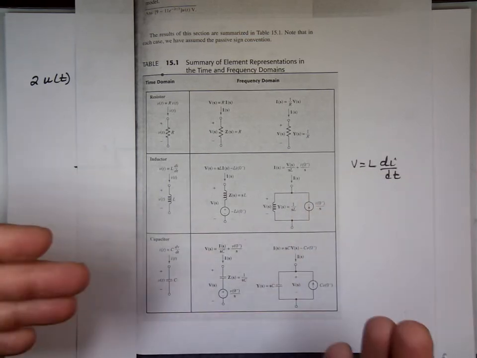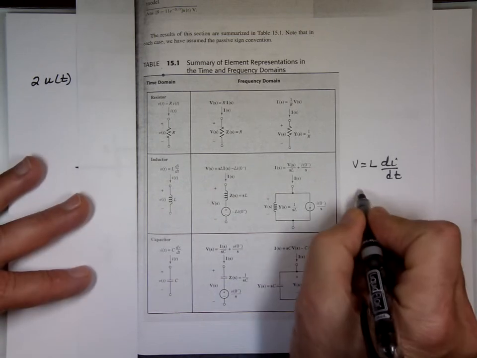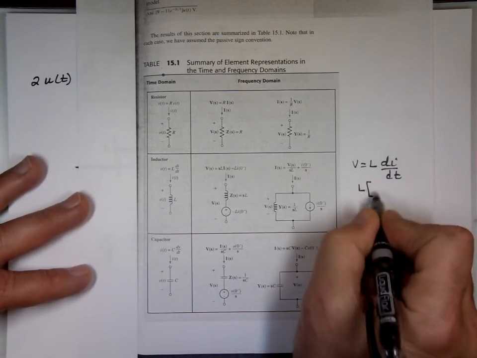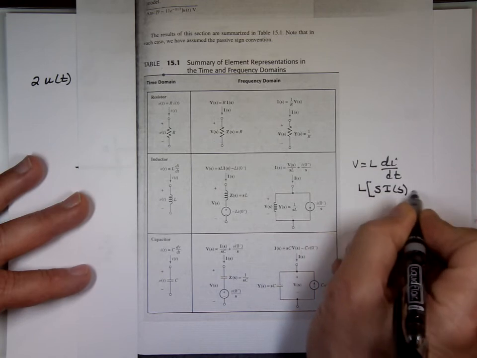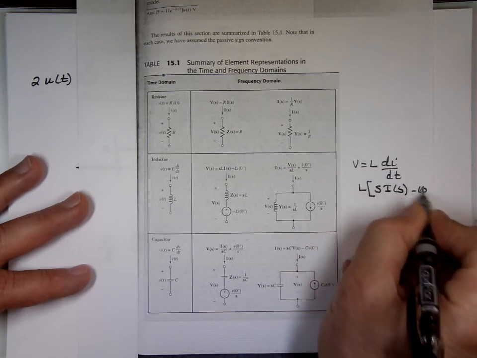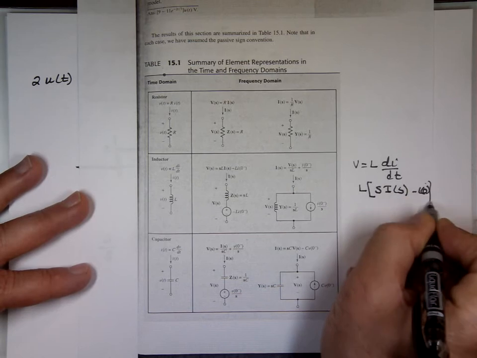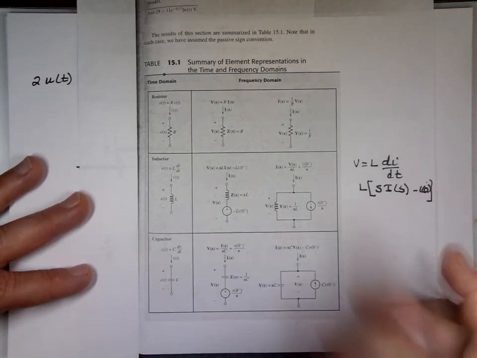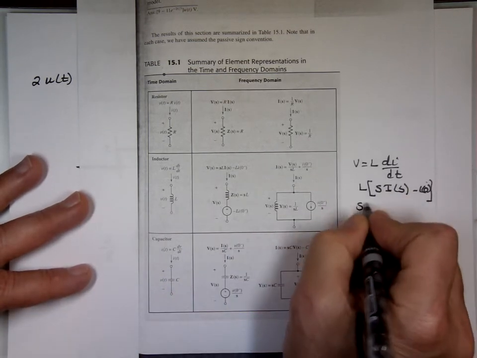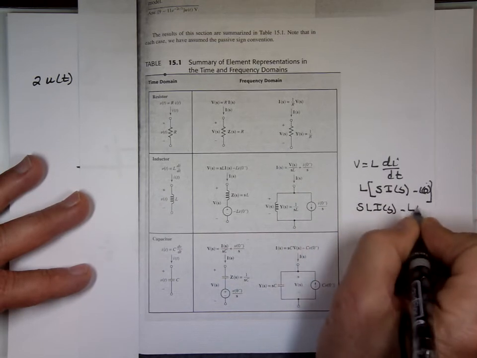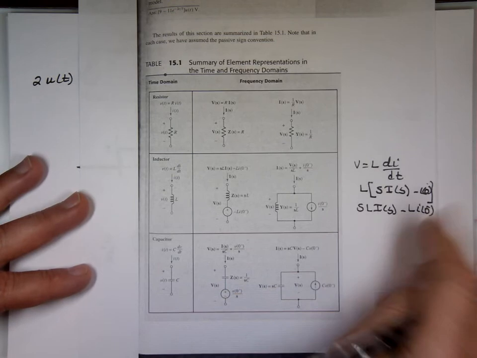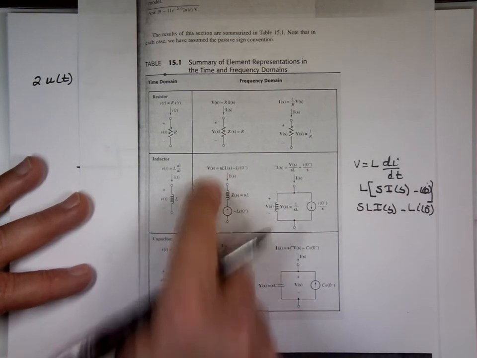So if you take the Laplace of that, here's the L. What's the Laplace of the derivative? s times I of s minus I sub 0. So if you distribute that L through, you end up with sL I of s minus L I sub 0. And that's why that's the Laplace of that.